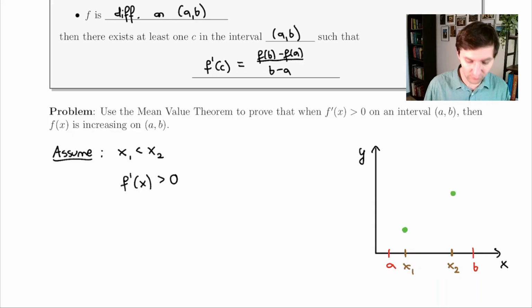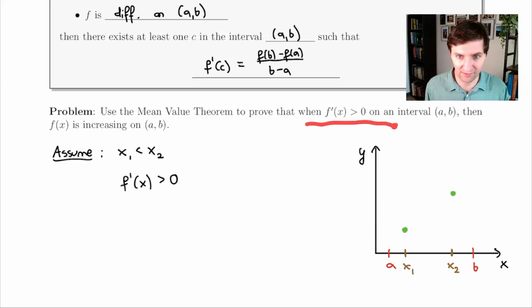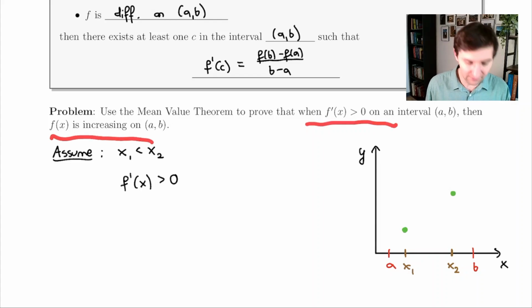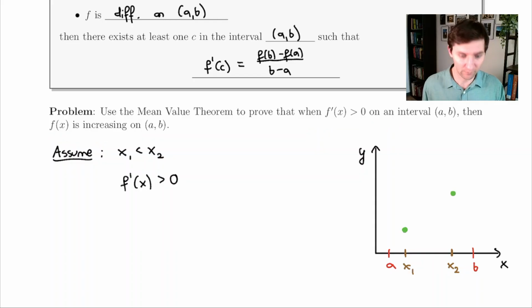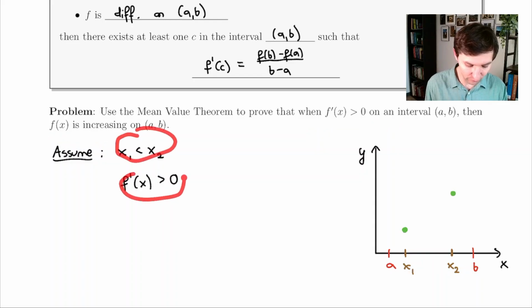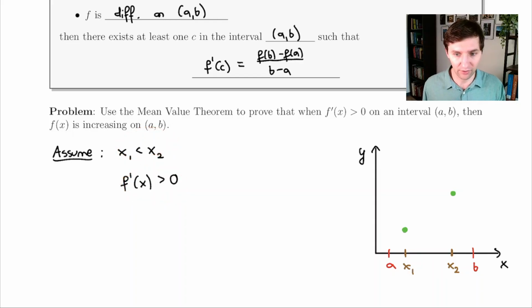And I can assume that because that is what the question said. Prove that when the derivative is positive, the function is increasing. I'm assuming the fact that the derivative is positive, and I will prove that the function is increasing. These two I can assume. Both of these hold on the interval [a, b].